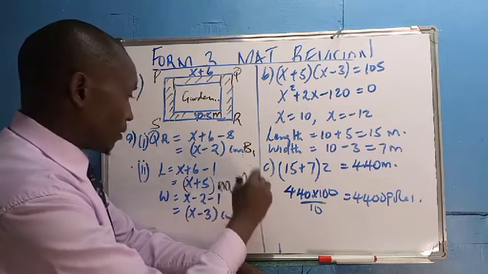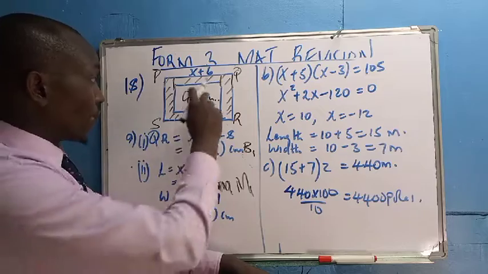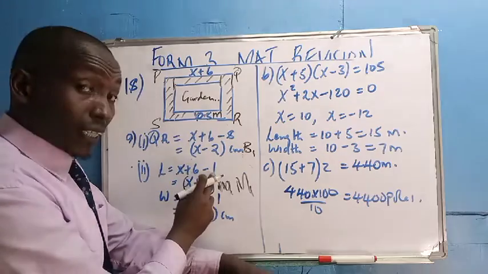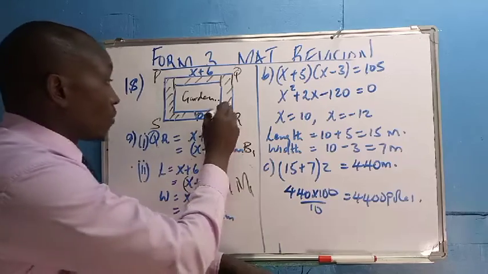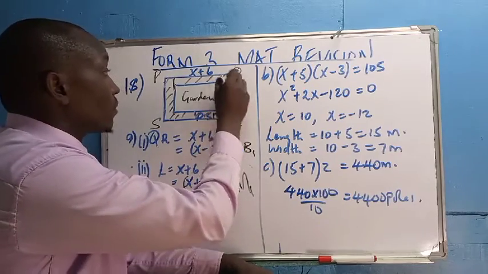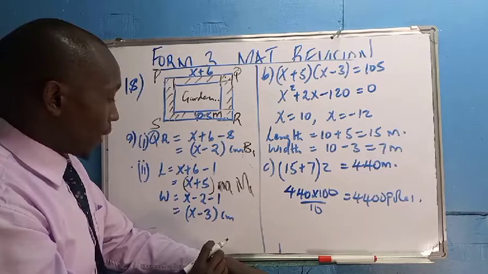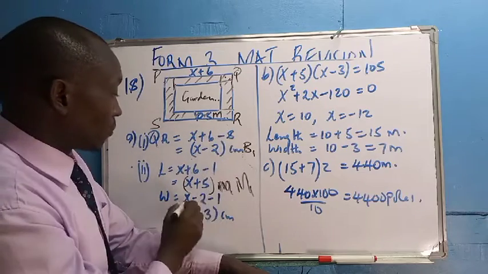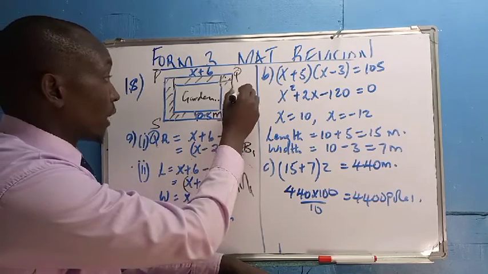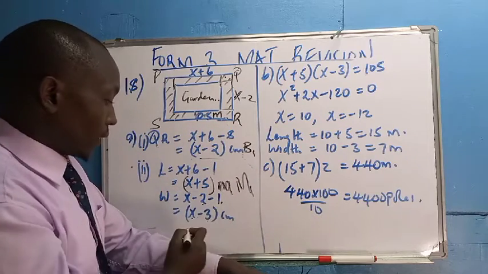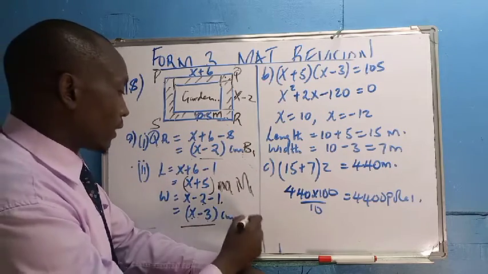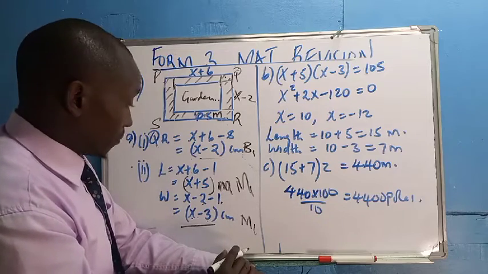That is the length of the garden on its own. Where do we get 1? 0.5, 0.5. The same with the width. Over here, 0.5, 0.5. That is 1. So the dimension x minus 2, originally as it was x minus 2. Remember, that's what we got here. Then I subtract 1. I get x minus 3 and I get another mark there.